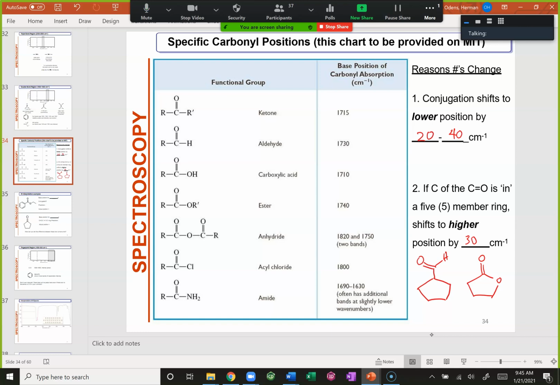The signal for the carbonyl for this aldehyde on the left is approximately 1730 reciprocal centimeters. Now, what if I don't know the number for that one? Which number do I start here with?